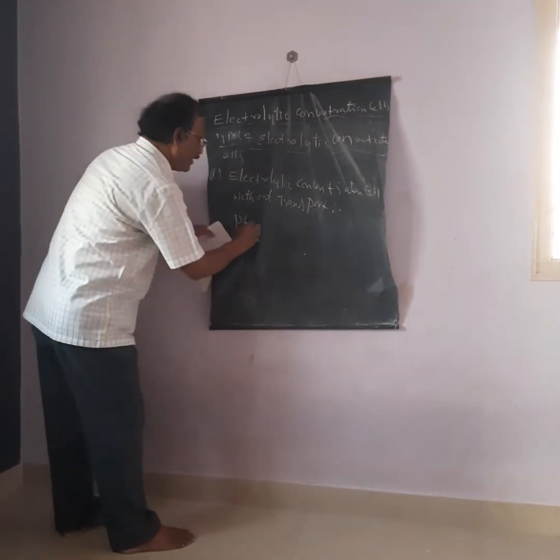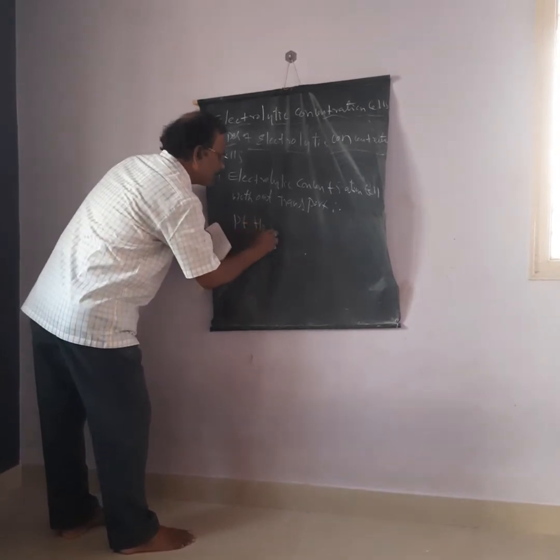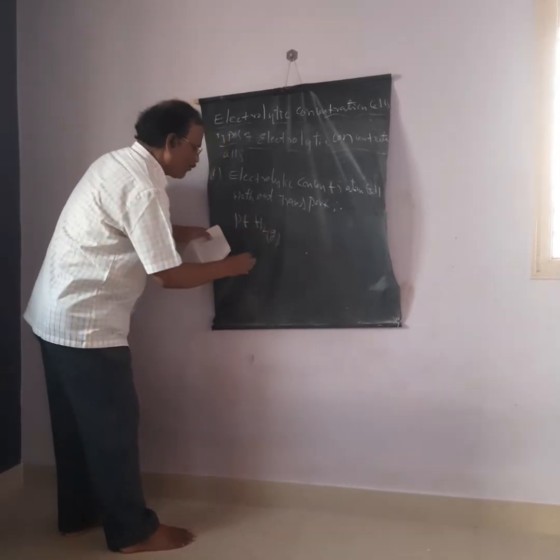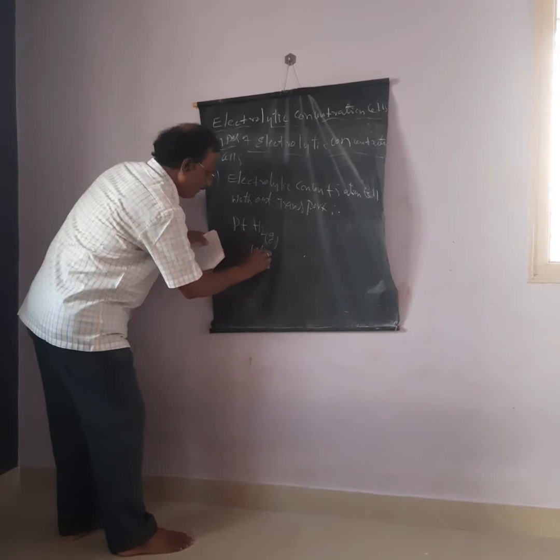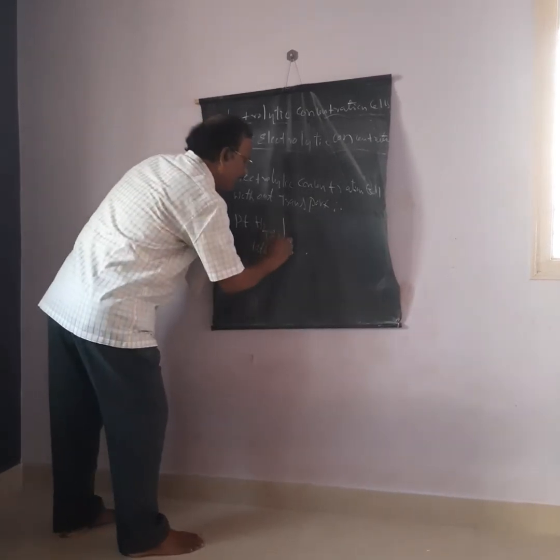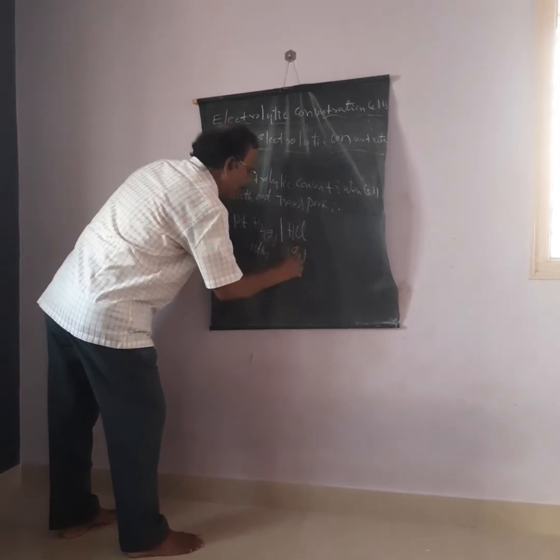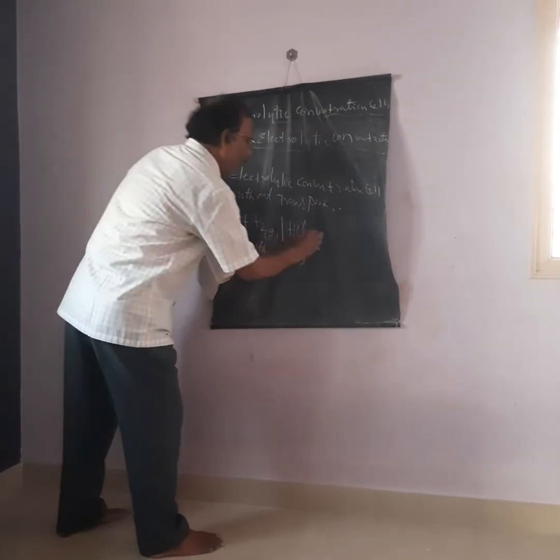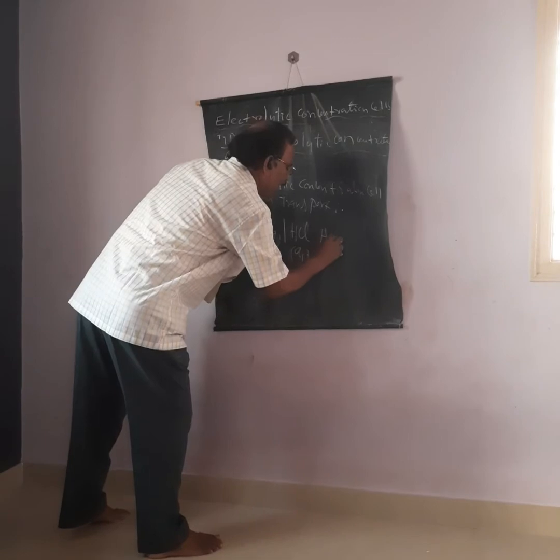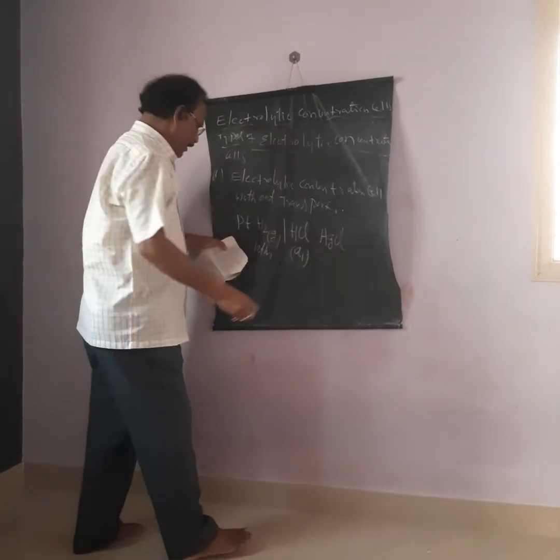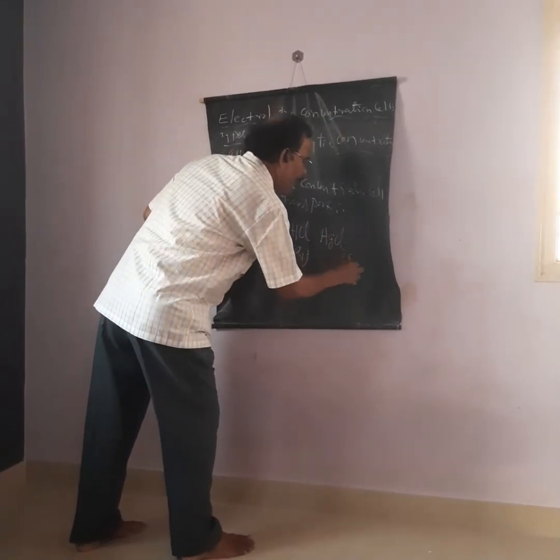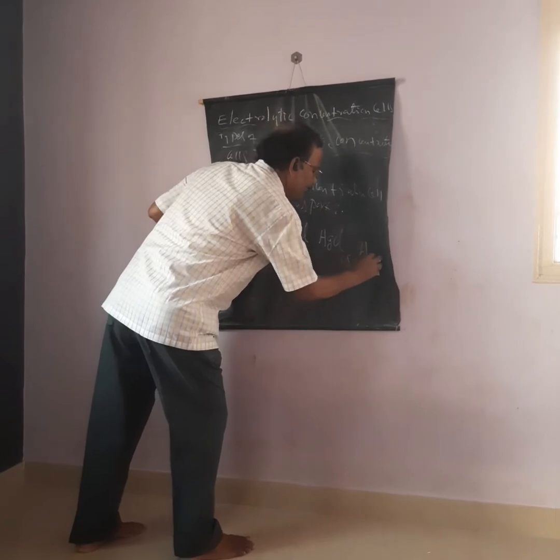To understand this, you can take an example such as platinum, H2 gas at 1 atmosphere, in contact with the HCl solution of activity A1, with AgCl solid and then Ag.